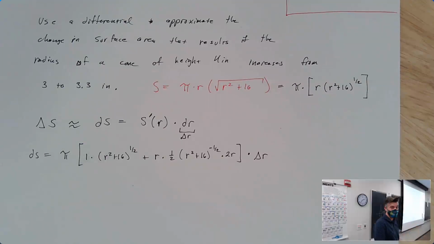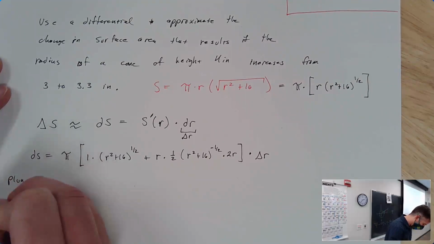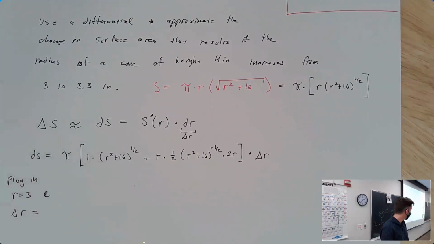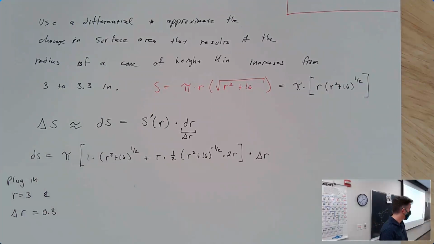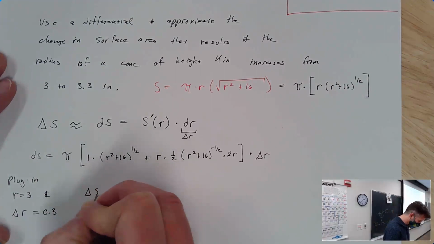So this is where we should definitely just plug in r equal to 3 and delta r equal to what? What is our delta r? 0.3, yeah, 0.3.